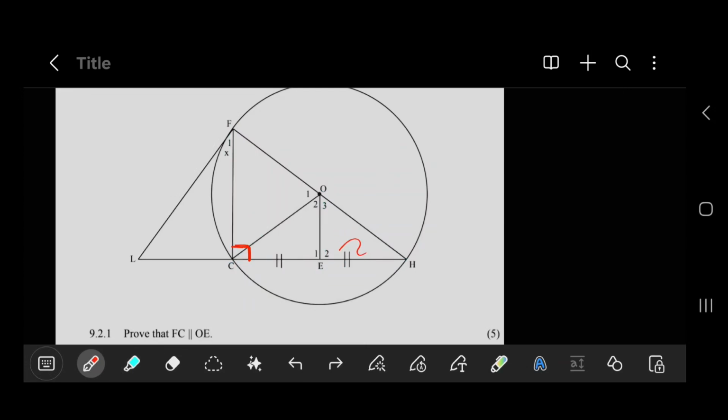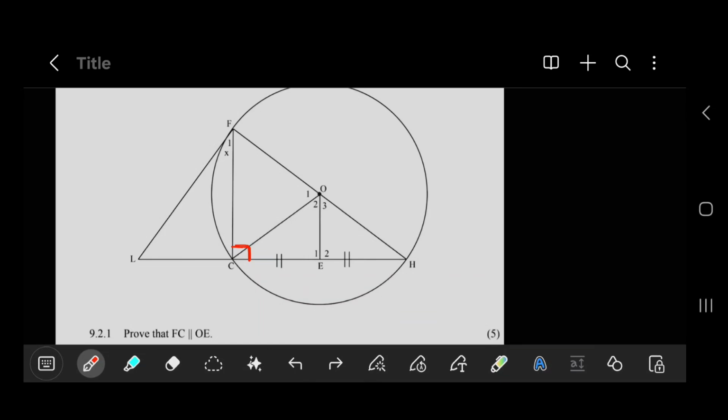To get this angle, which is E2, as 90 degrees, we notice something from grade 11 theorems. We've got a line drawn from the center of the circle. It has bisected the chord, so notice that chord CH is bisected. Now we have CE and EH that are equal to each other. So it cut the chord in half.